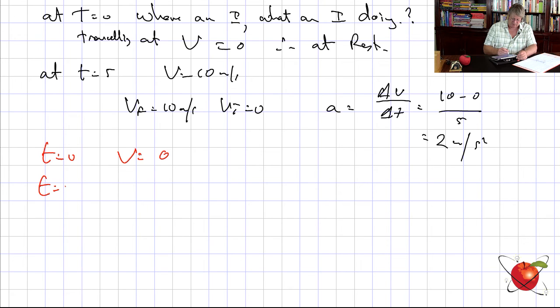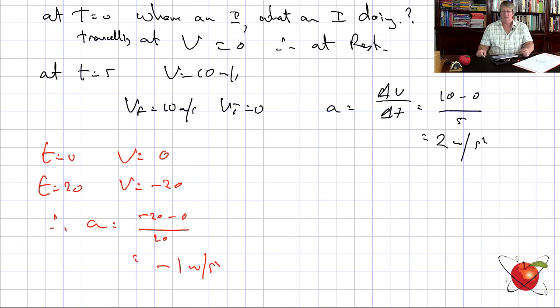At t equals 20, v equals minus 20. Therefore, acceleration is equal to minus 20 minus 0 over 20, which is minus 1 meter per second squared. Okay, what does that mean? It means I'm going that way. I accelerated backwards, right? That's all that it means.